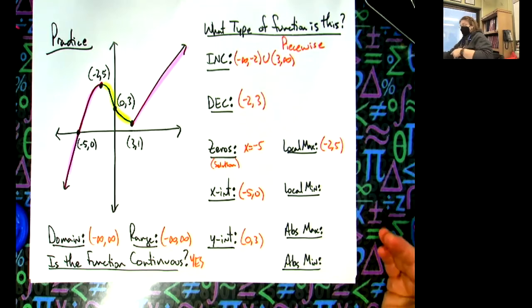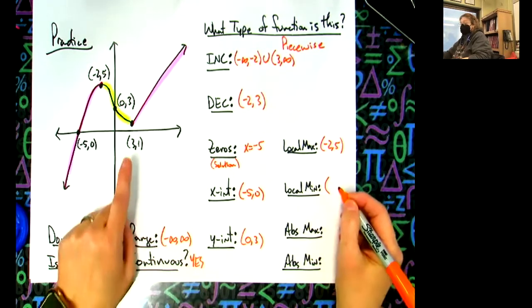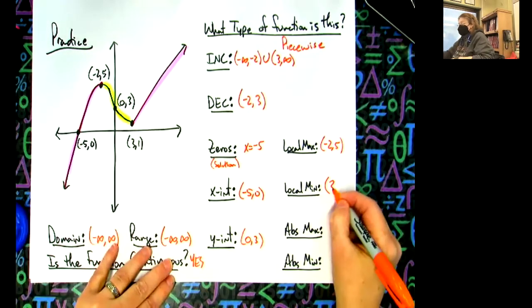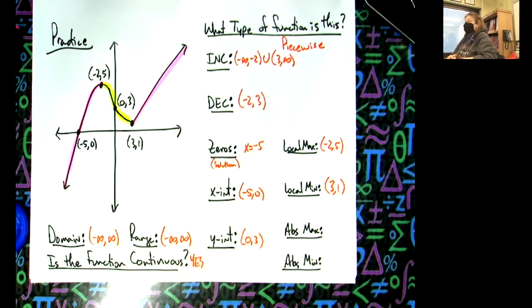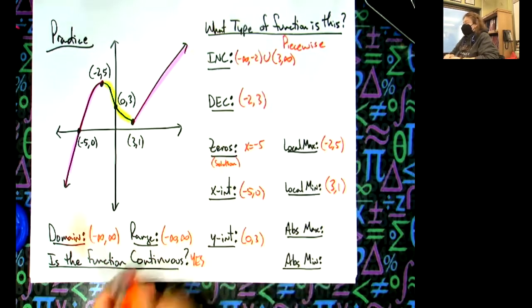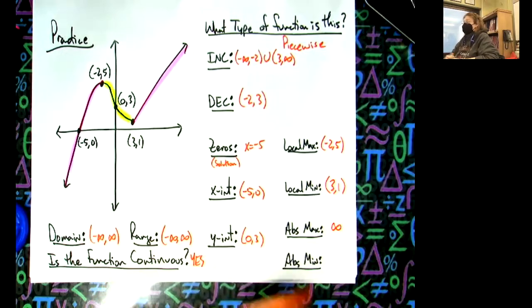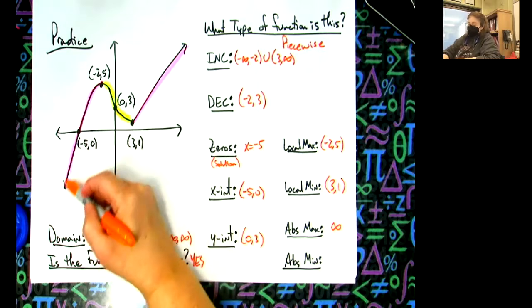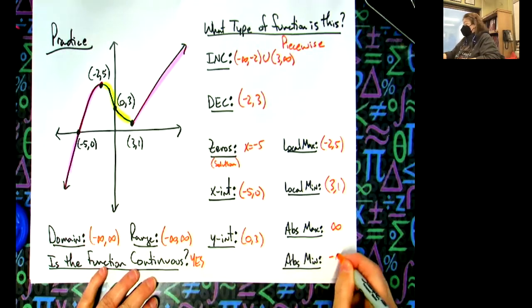That would be 5. Local min is the ordered pair (3, 1). It's on the inside. It's the lowest point in there. Now, absolute max, how high does the graph go? Positive infinity. So it's not an ordered pair. It's more of an idea. Absolute min, what's the absolute farthest point it goes down? Negative infinity.